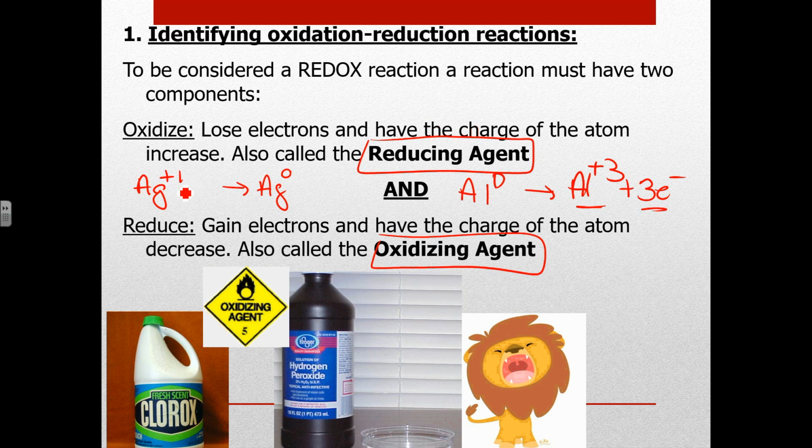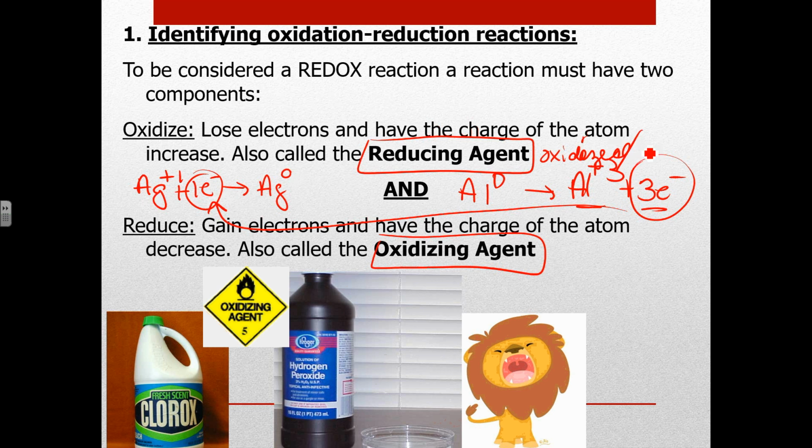Over here, this is going to be gaining electrons, in fact, 1 electron, so I can go from +1 to 0. So what's going to happen is any electrons that are given off here are going to go over to the silver so that the silver can be reduced. Because of that, since the aluminum is being oxidized, it's also helping silver to be reduced.